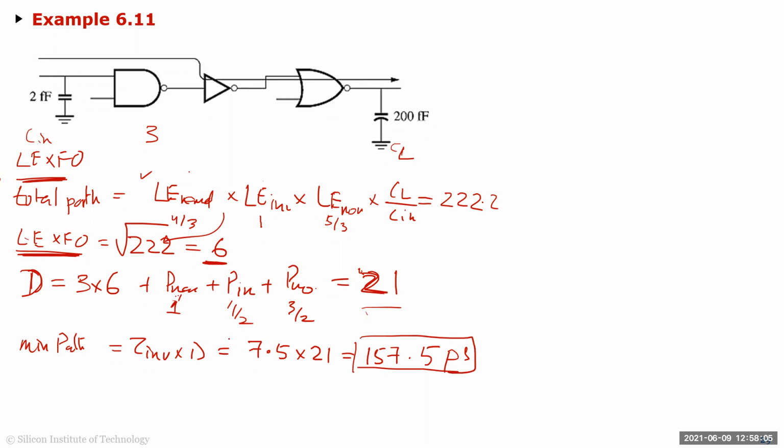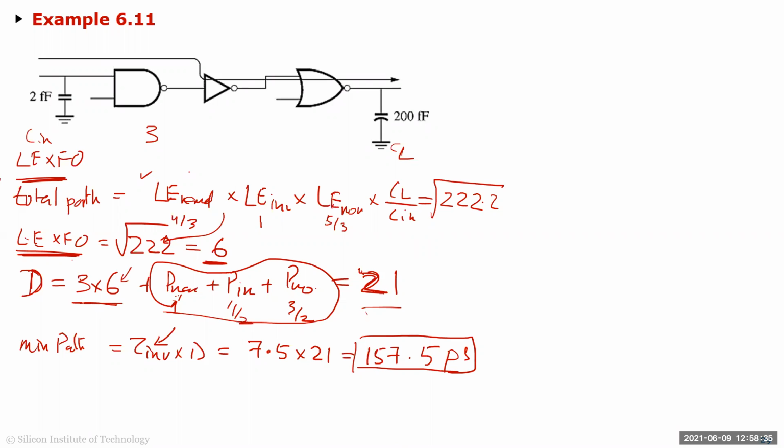Instead of carrying all the delays by themselves, you calculated everything as a logical effort compared to an inverter, and then multiplied by the number of stages times the total logical effort plus all the parasitic elements. That's the beauty of doing this: you find the number of stages and the total logical effort, then take the square root of that, which is roughly 6.